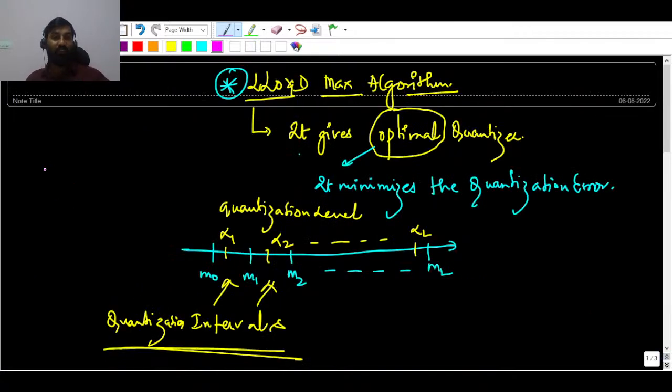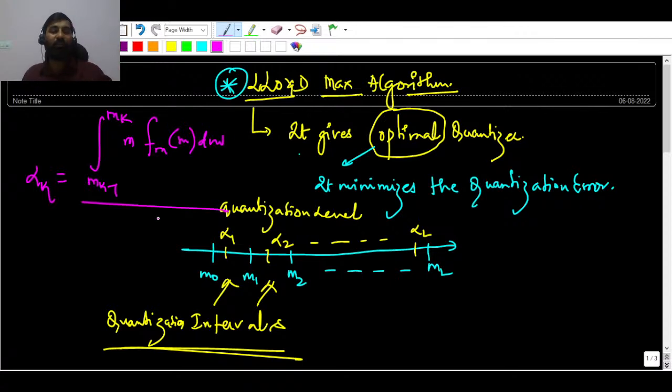So after all, this result will be useful. Alpha k can be determined from m k minus 1 to m k, and the density function will be given, with capital M. After all, your quantization level is random in nature, so we are characterizing it as random.